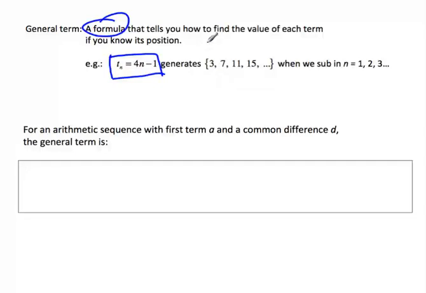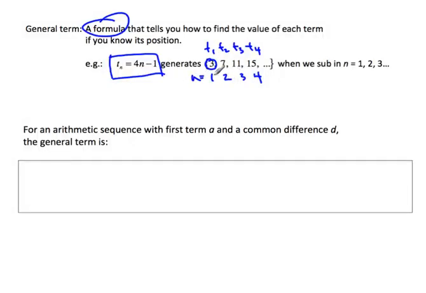Let me illustrate. This is term 1, this is term 2, this is term 3, this is term 4. If we look at n, the number of the term in the sequence, n for this one is 1, for this one is 2, for this one is 3, for this one is 4. If I sub in 1 into this formula, 4 times 1 is 4 minus 1, that gives me 3.